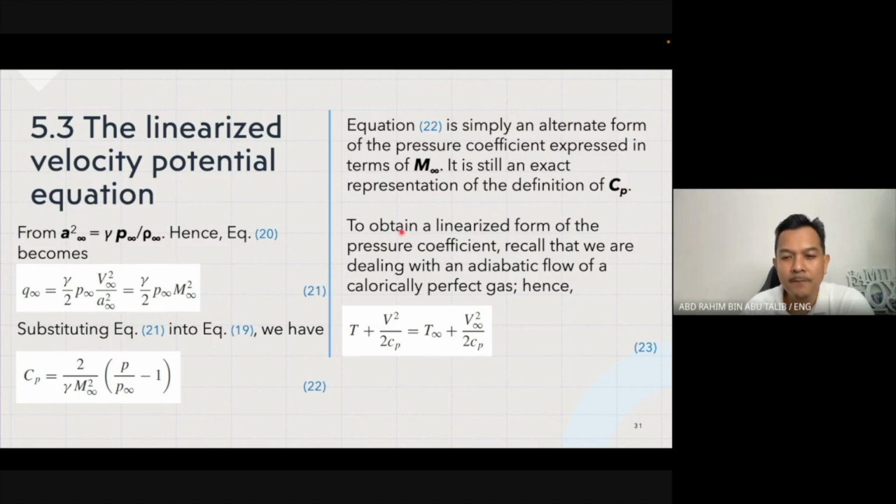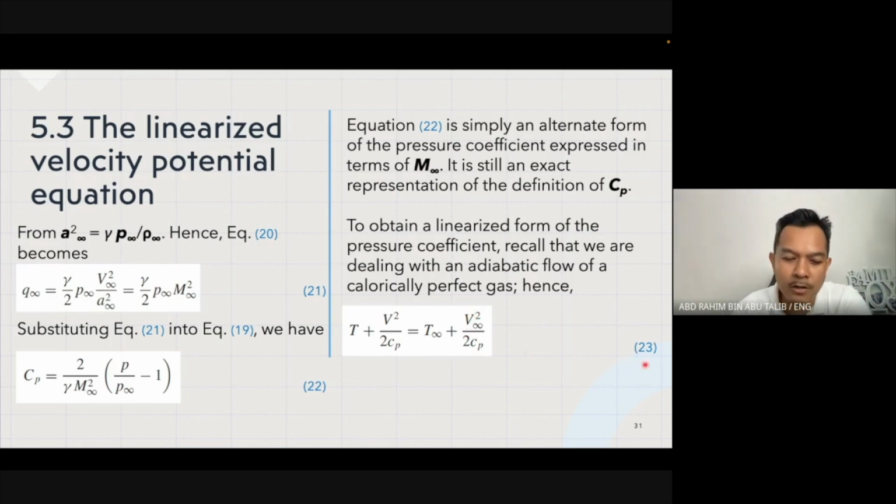To obtain a linearized form of the pressure coefficient, recall that we are dealing with an adiabatic flow of a calorically perfect gas. Hence, we can write down the expression for the temperature plus half velocity squared over Cp, which is equal to the free stream temperature plus free stream velocity squared over 2Cp.